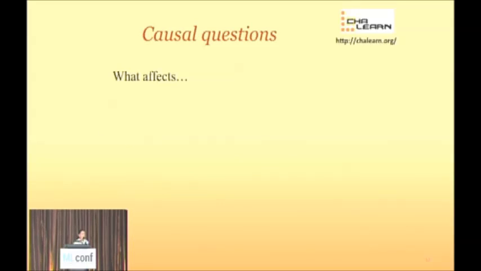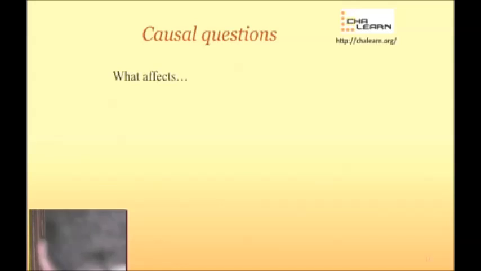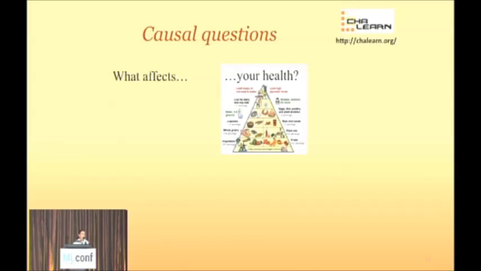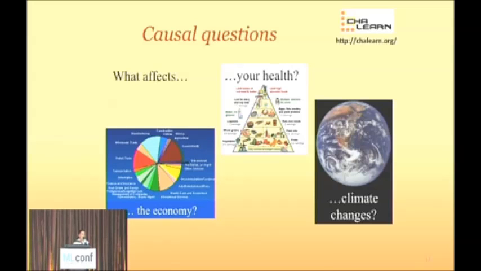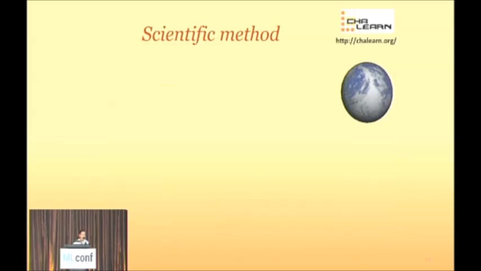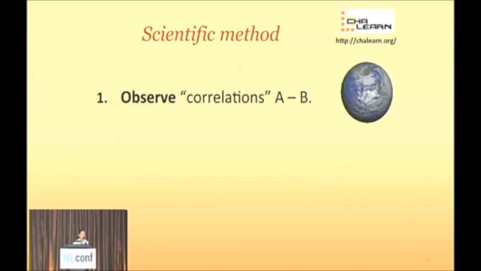So causal questions are pervasive. They have to do with what affects your health, the economy, climate changes. But the main question is which actions will have beneficial effects. In order to answer these questions, traditionally, people use the scientific method.